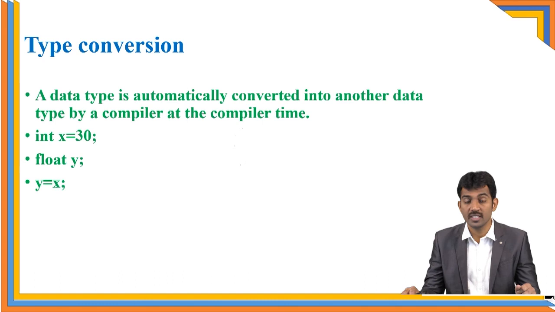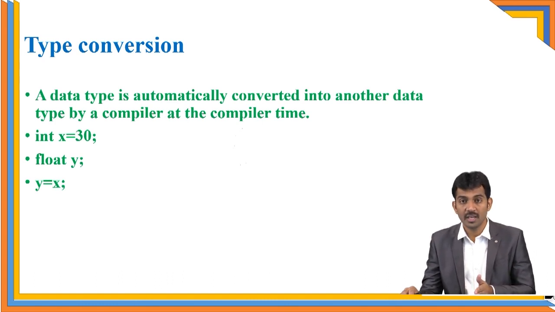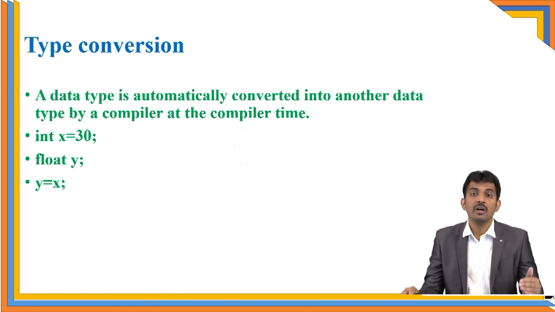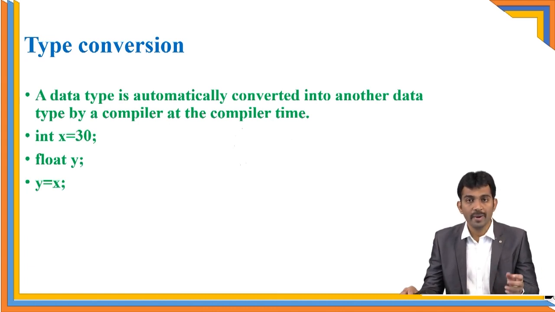In the first class we discussed what is compilation and what is running. At compile time, it is going to convert into the flexible data type, so you don't have to make any effort here. By default it is going to convert. This kind of situation may sometimes cause problems also. Be careful with such situations.